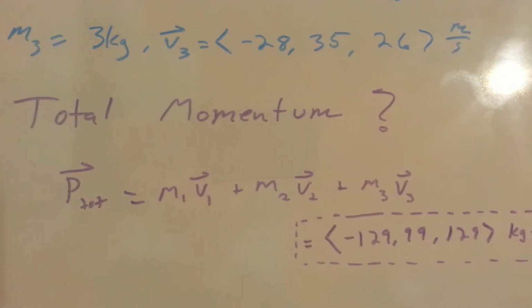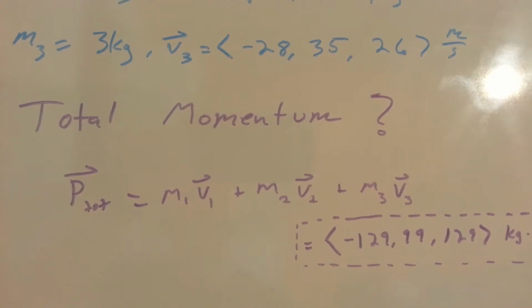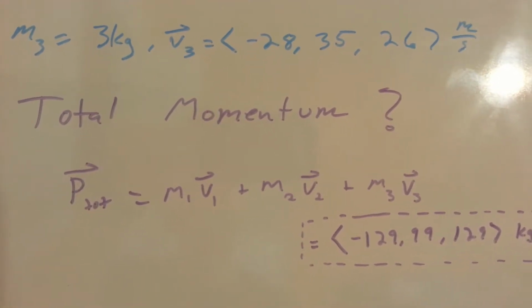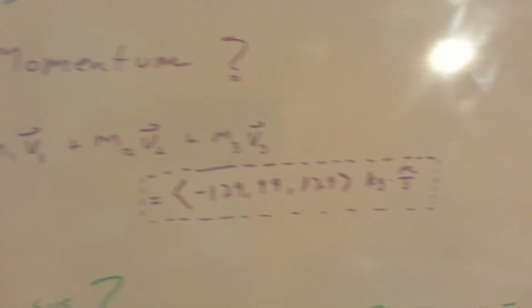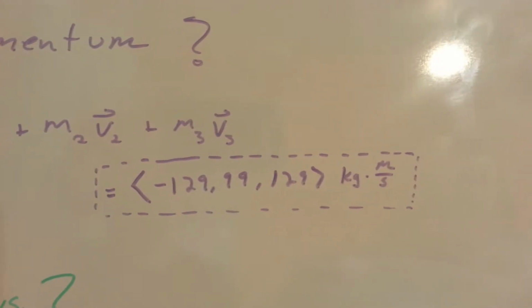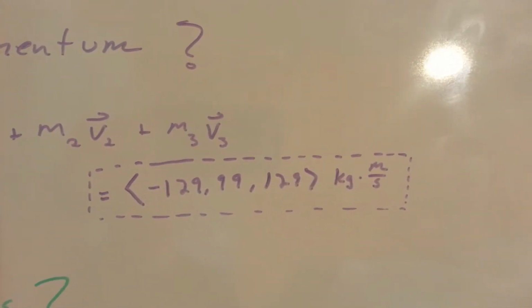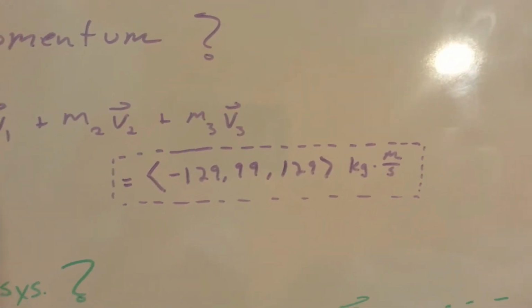So here's that formula. You would have M1 V1 vector plus M2 V2 vector plus M3 V3 vector, which then, as I have calculated these answers, you'll get this value. And remember, this value is the momentum of the system. Next question.